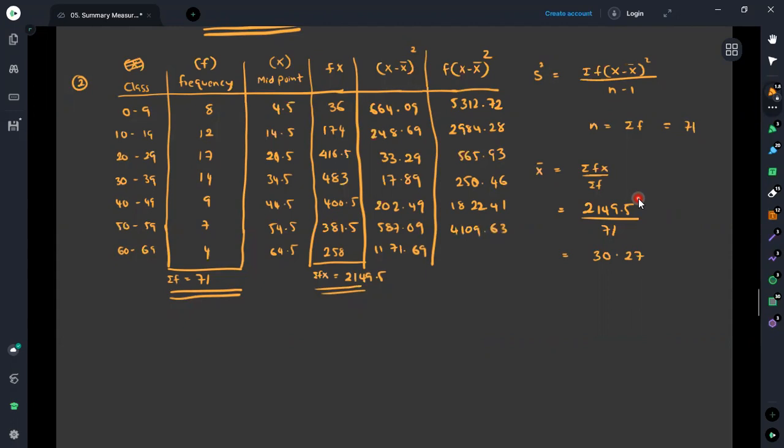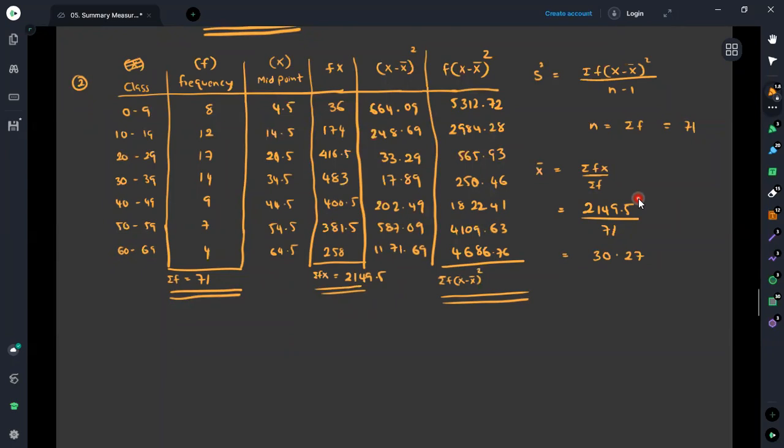4 multiplied with 1171.69 is 4686.7. Then we need to get their summations. It is because we need to get the value for the summation of f times (x minus x bar) squared.